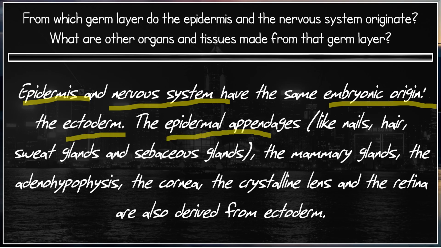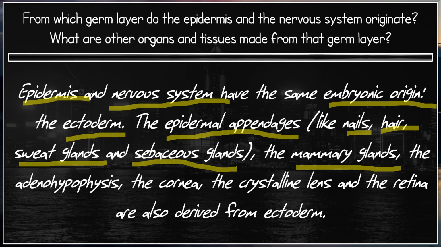The epidermal appendages like the nails, hair, sweat glands, sebaceous glands, the mammary glands, the hypophysis, the cornea, the crystalline lens, and the retina are also derived from the ectoderm.